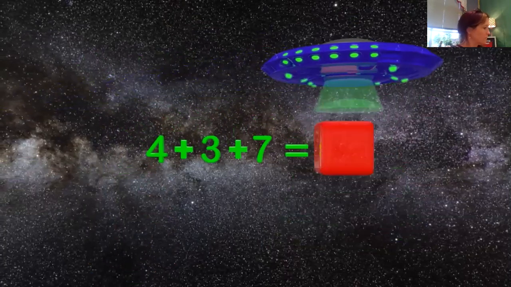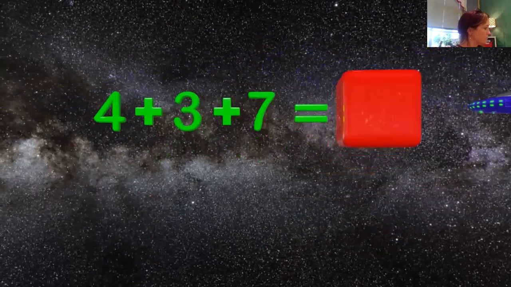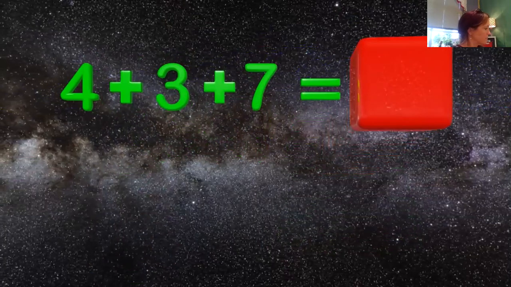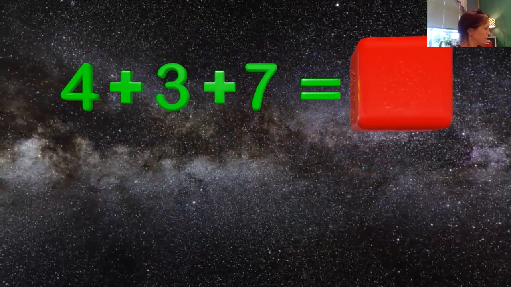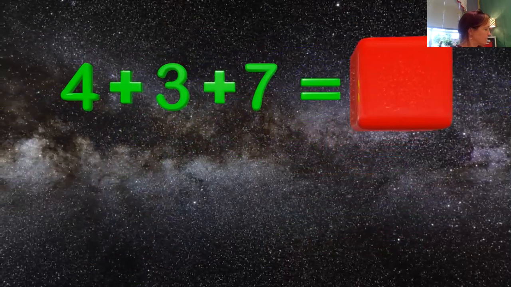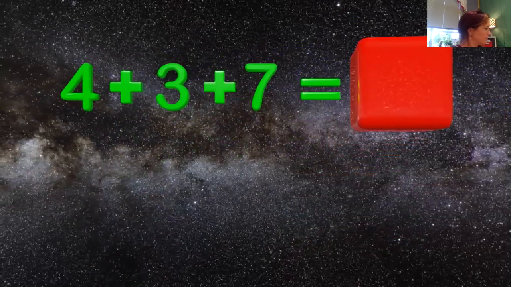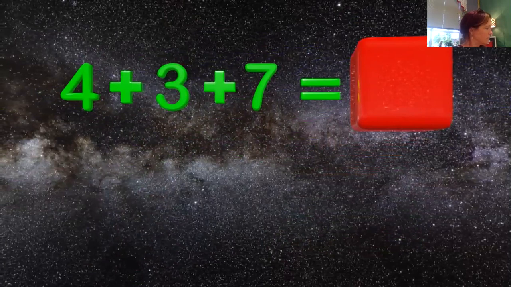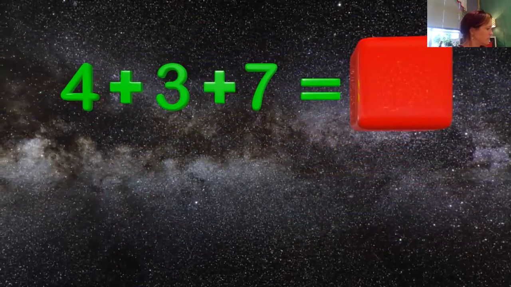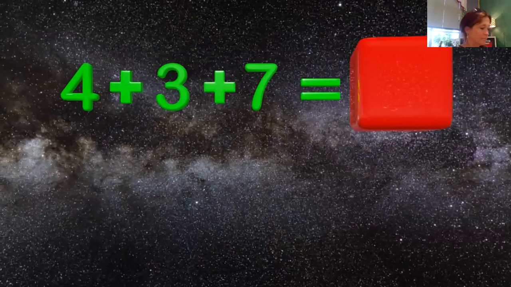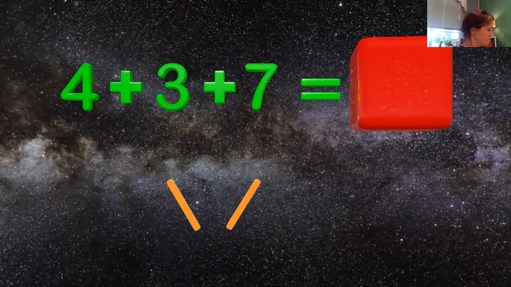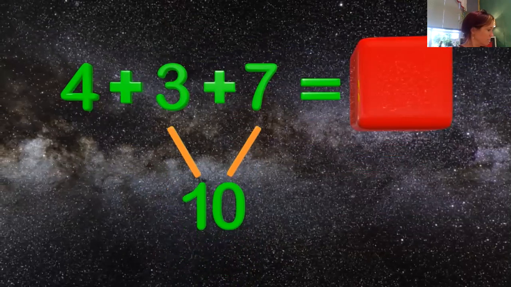Wait a minute, we just freed the 14, but now it's trapped again. It looks like we still need to look at another way of adding using the associative property. What is another way we can add this problem faster? Here is a hint. Look at the 3 and the 7. If we add the 3 and 7 together, we get 10.